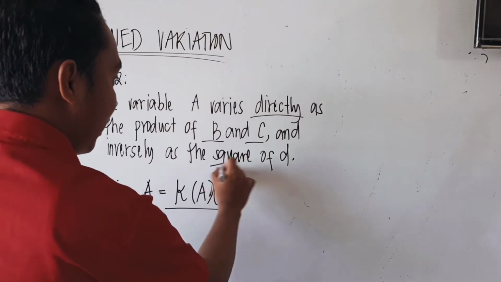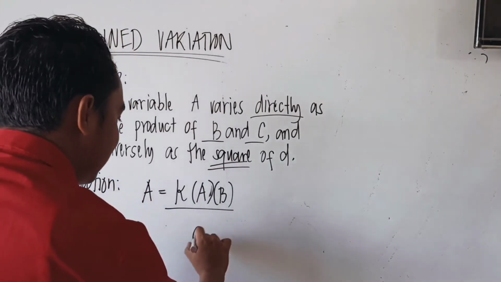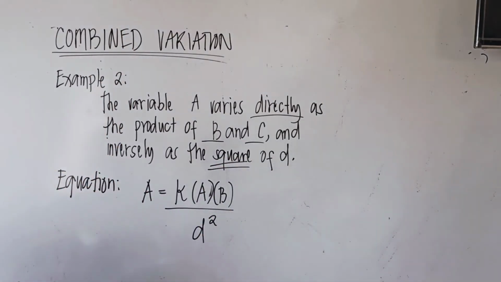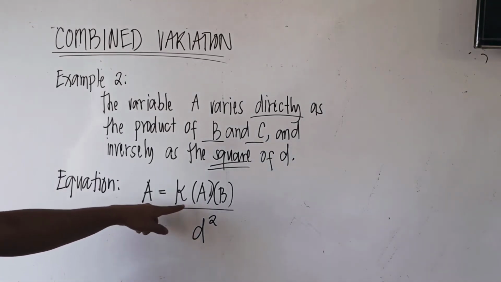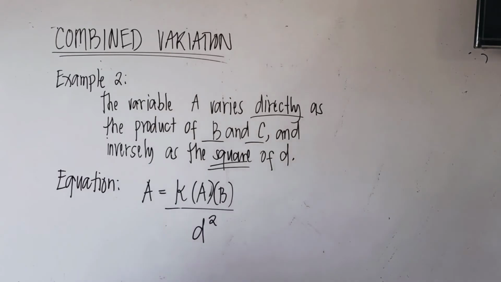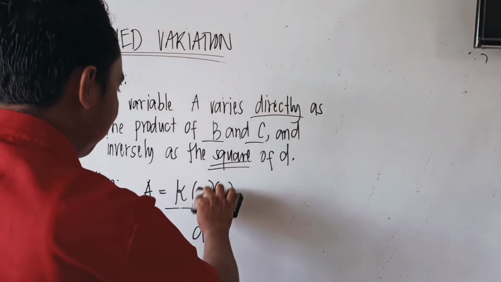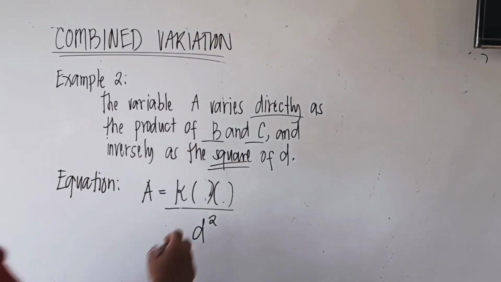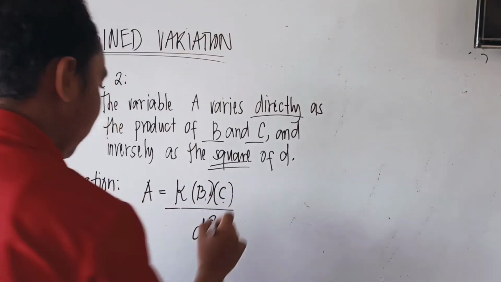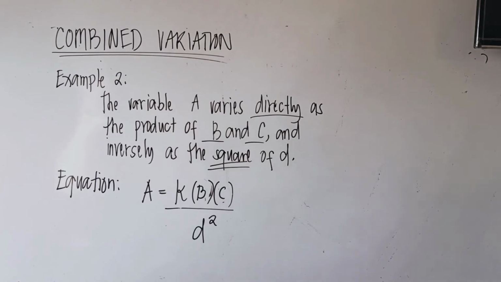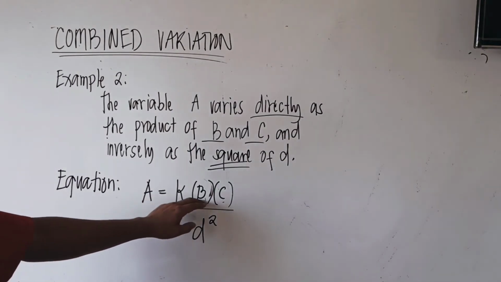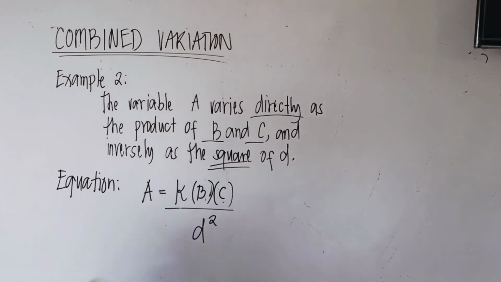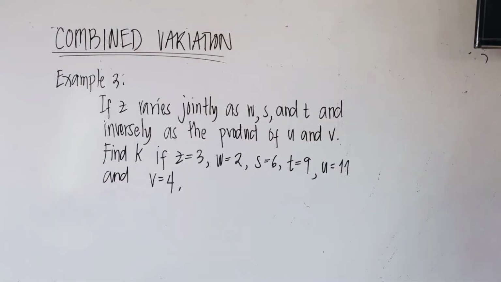So, the square of d, that is d square. So, the final equation is a equals kbc all over d square. Again, a equals k times b times c all over d square. Ayan po yun sa second example.